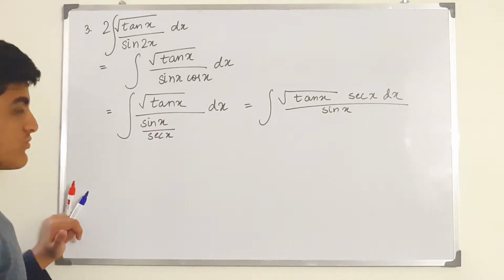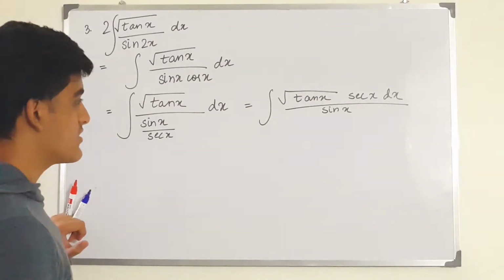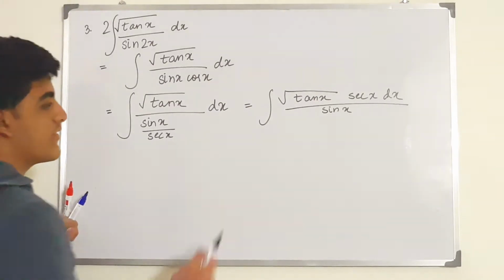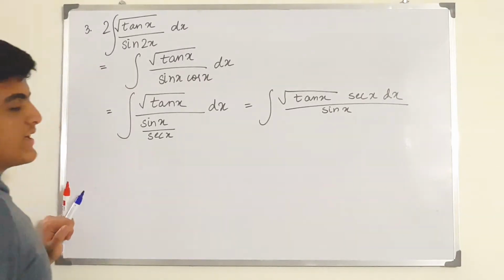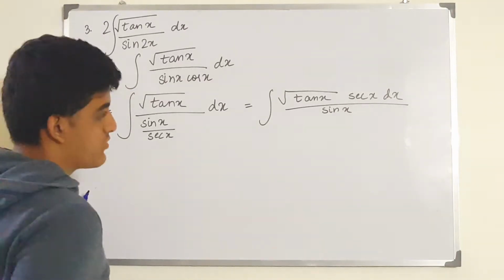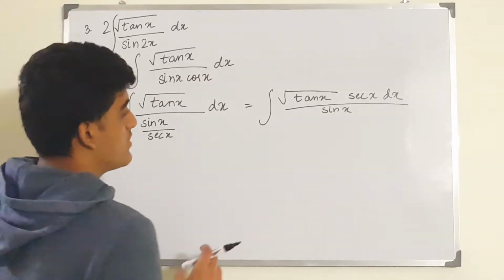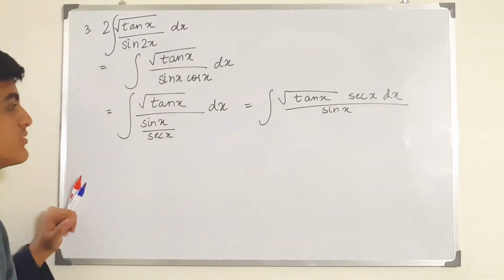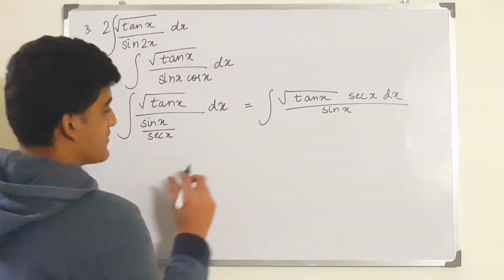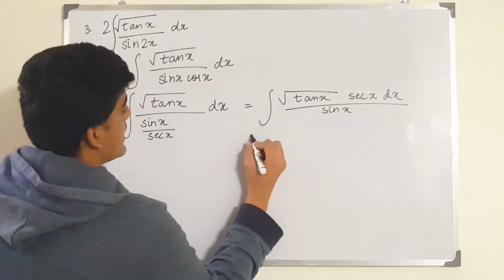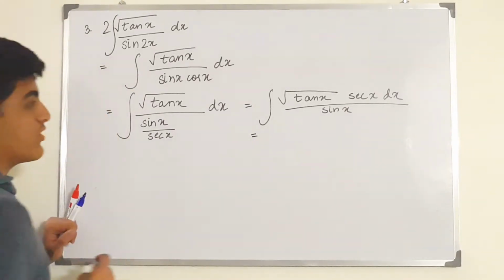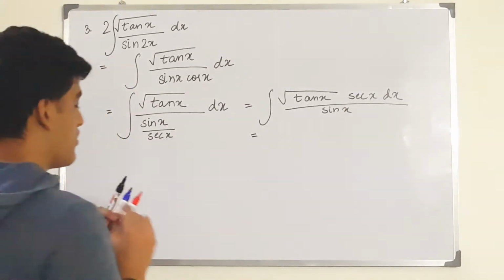What are we going to do now? We just have a sec x. The sec x does not help because we have a root tan x. So, if you have already thought of this, it's pretty good. You need to divide the numerator and the denominator with cos x.